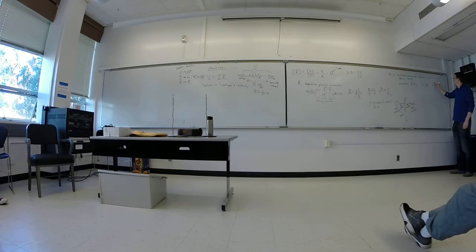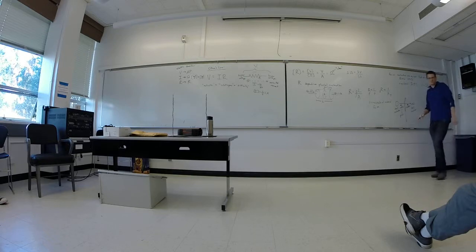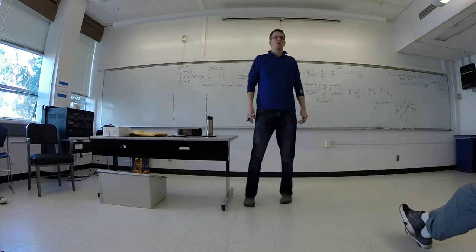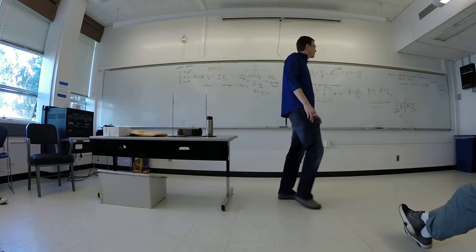We have equipotential plateaus. These are our conductors, conductor, conductor. And then to go from one to the other, these are our resistors. We have a series of plateaus, and we move between these plateaus through resistors.